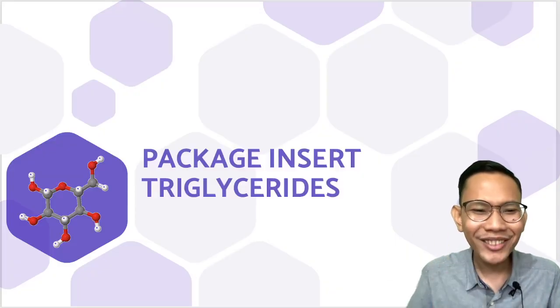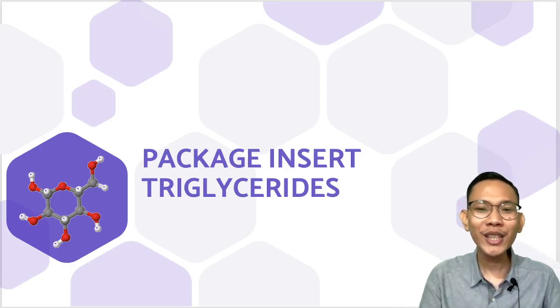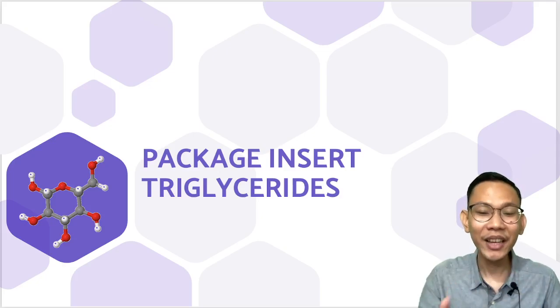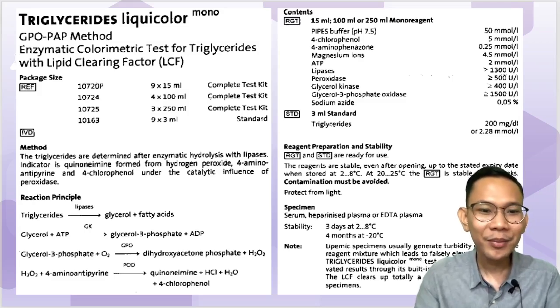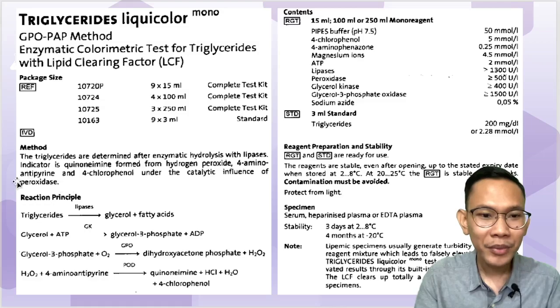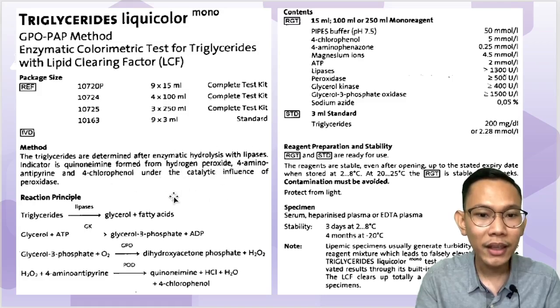Again, last is the package insert, because lipids is long. If this were face-to-face, guys, per activity, we would do it one by one. So, for triglyceride, the methodology: the triglyceride is determined after enzymatic hydrolysis with your lipases, and the indicator is the quinone-imine formed from hydrogen peroxide, a product under the influence of your peroxidase.